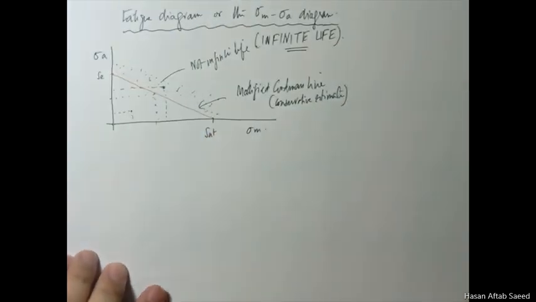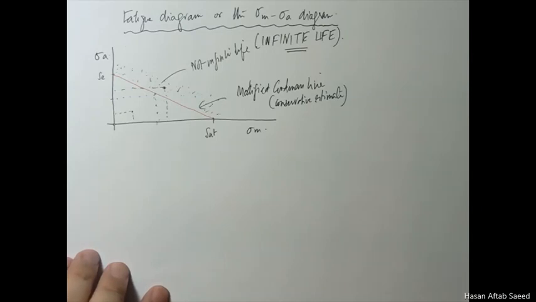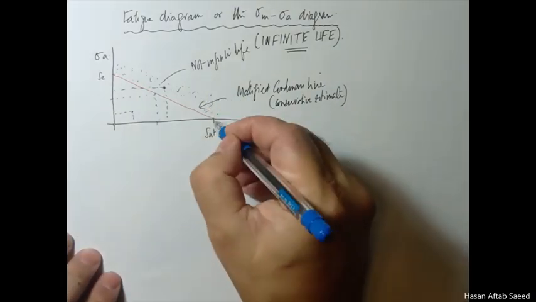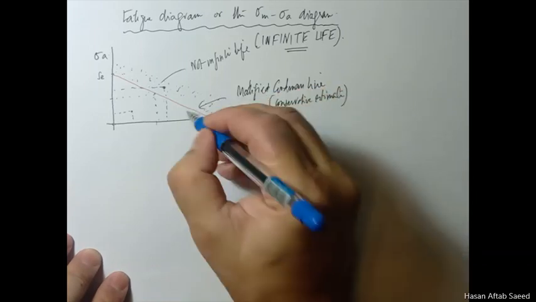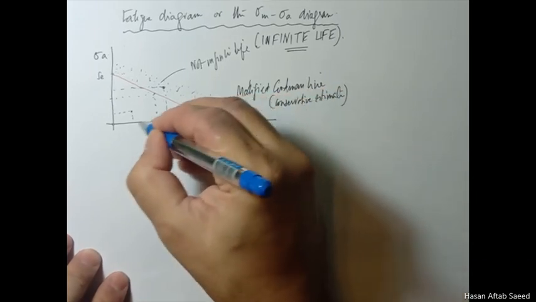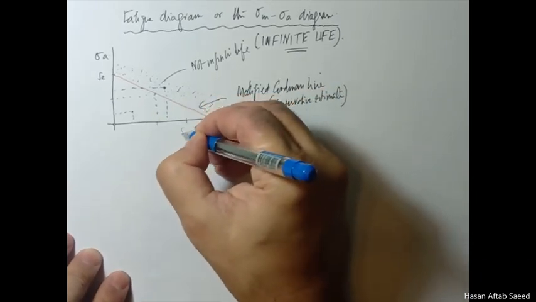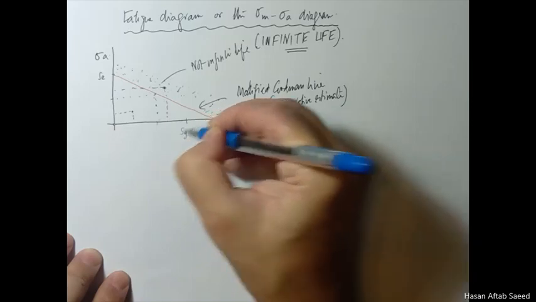But please recall, there's another thing called yield. Yielding is something that happens when your stress exceeds the yield strength of the material. So if this is the SUT, then the SY is around 75%, so somewhere around here, SY, this is the yield strength.